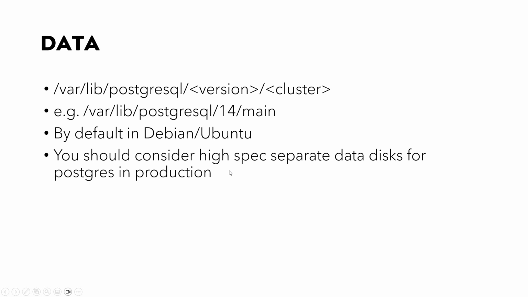There's a couple of reasons for that, really. Obviously, the more that you have on a single disk, the more access that disk has to share. So if you have the operating system and your database on there, then all of that data I/O is being shared between all of the things that the operating system is trying to do, as well as everything that Postgres is trying to do.